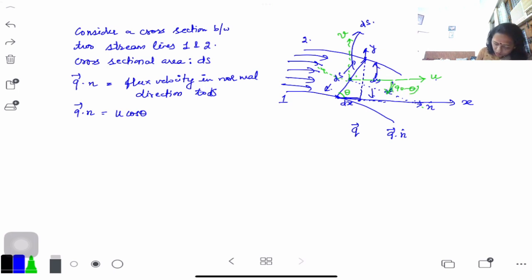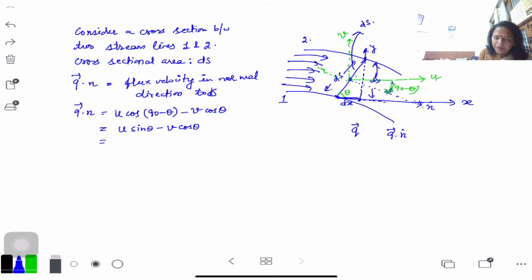So it is u cos 90 minus theta. And if you look at the angle made by v with the inward normal direction, then it is theta, and since it is in the inward direction, it will be minus v cos theta. So it is u sin theta minus v cos theta.